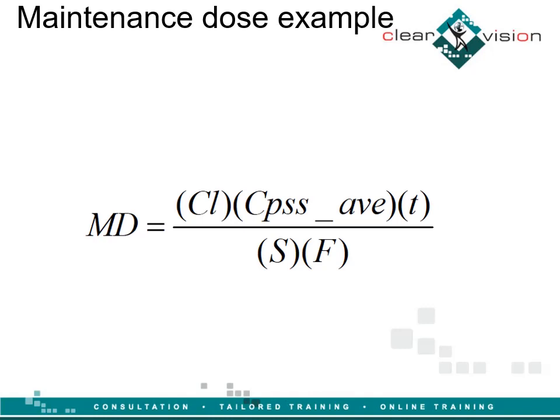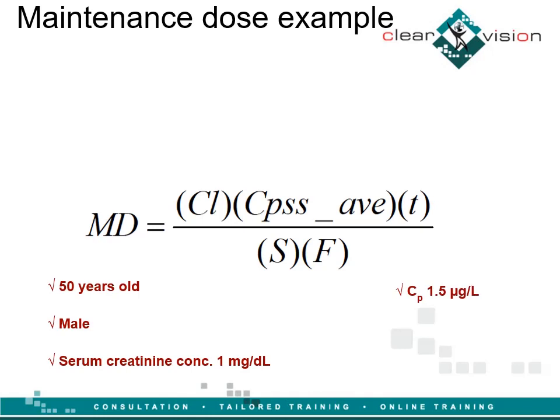Let's assume we would like to give the maintenance dose for the same patient, assuming the patient is a 50 year old male with a serum creatinine concentration of 1 milligram per deciliter, with target concentration of 1.5 microgram per liter serum digoxin for the treatment of CHF, congestive heart failure.